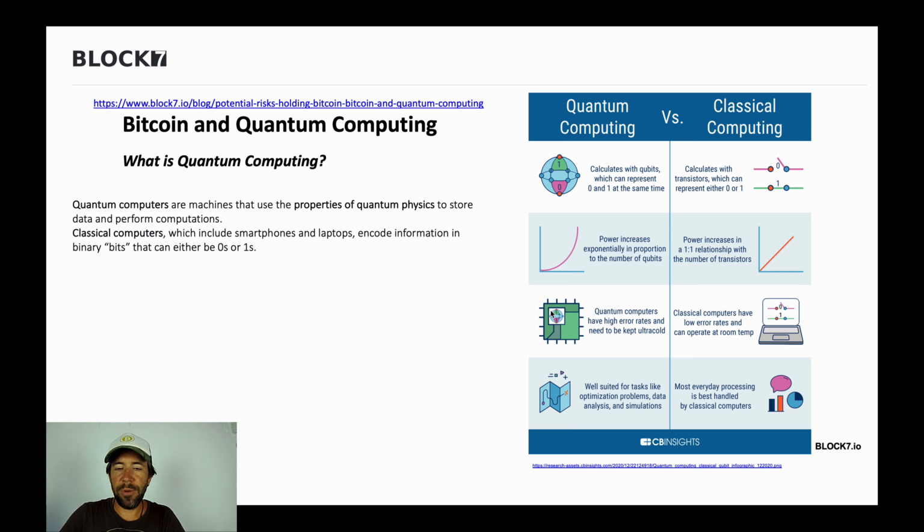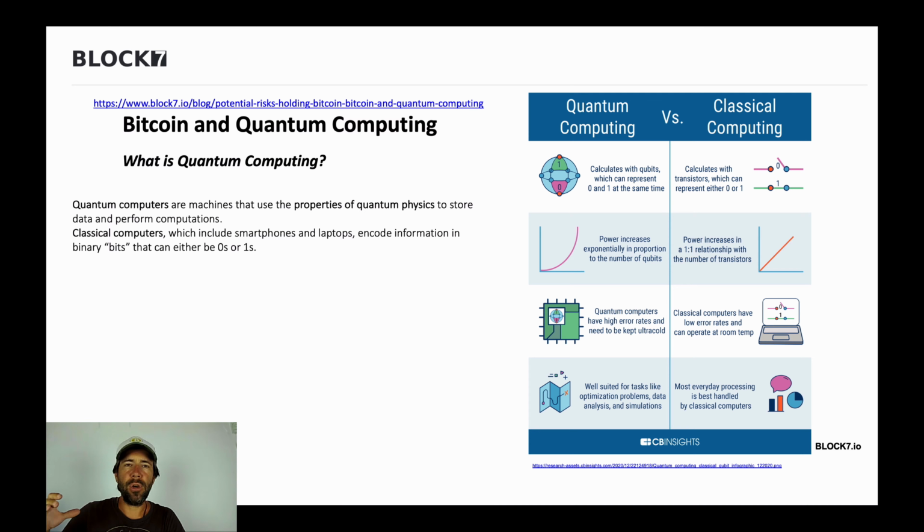And here you see quantum computing has a high error rate. So you will later on also see in the part of the video where we talk about how many qubits you actually need to break Bitcoin. And you will see there's noisy qubits, there's physical qubits, and so on.